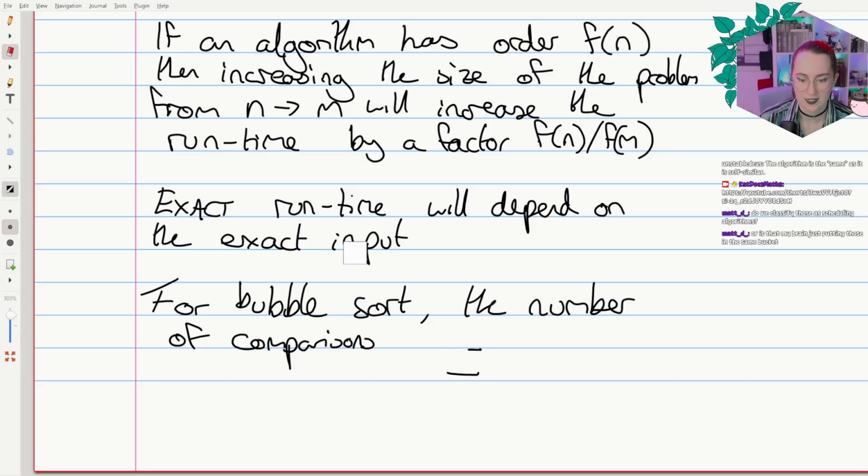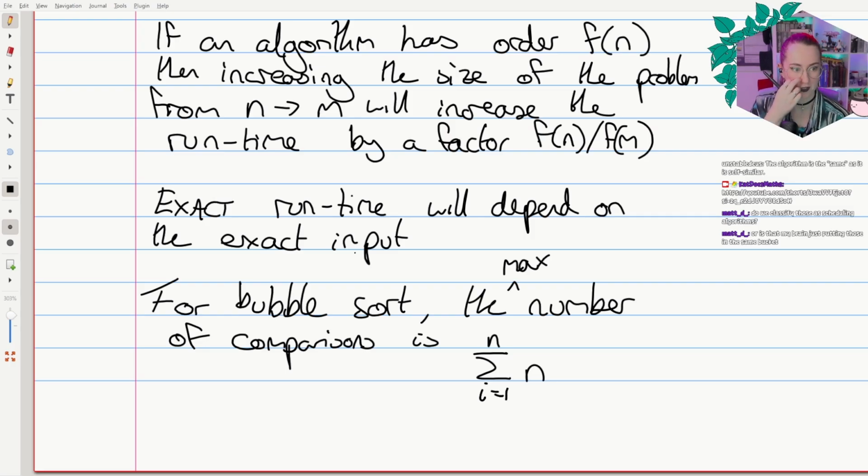This is the maximum number of comparisons. So comparing everything to everything. So if you had a fully backwards list, you would have to sort of move each one up one at a time. So it would be the sum of n times, which is n times (n minus 1) over 2.